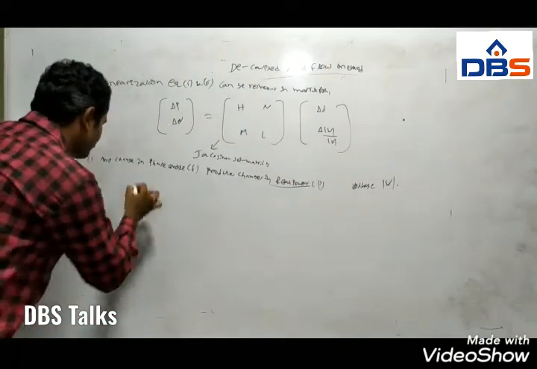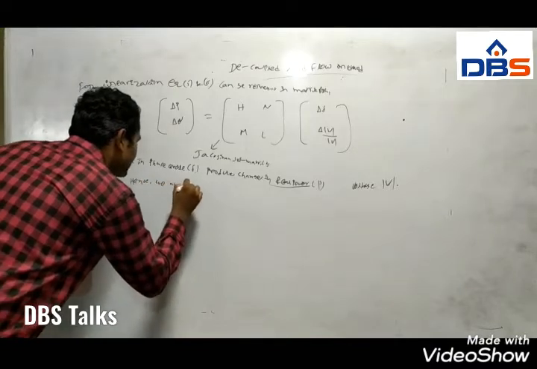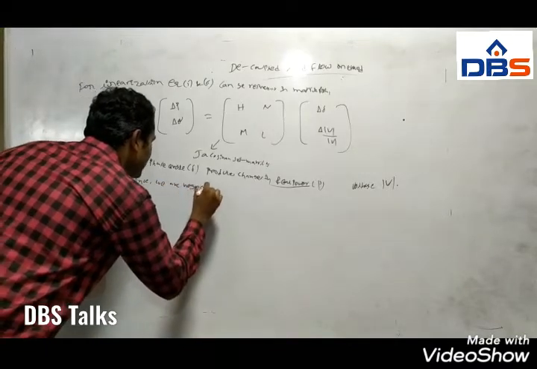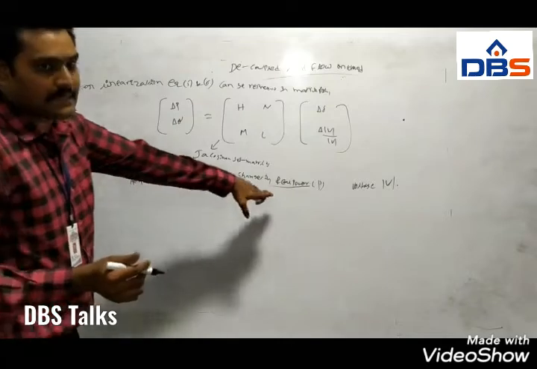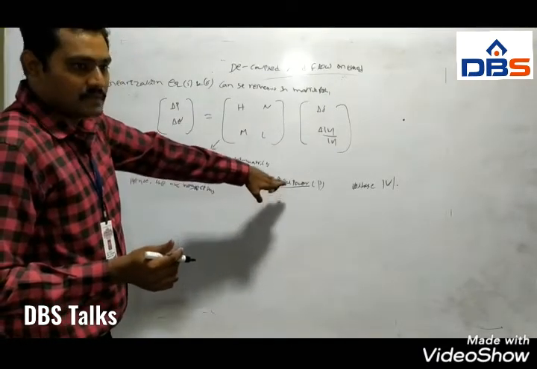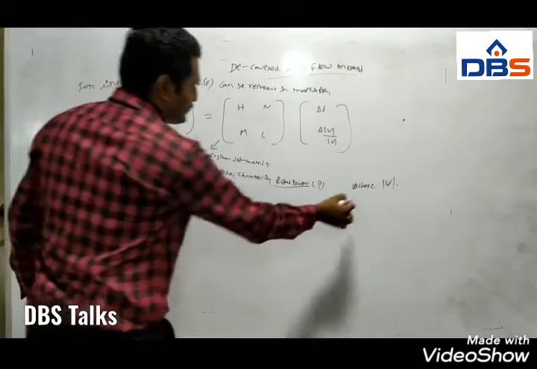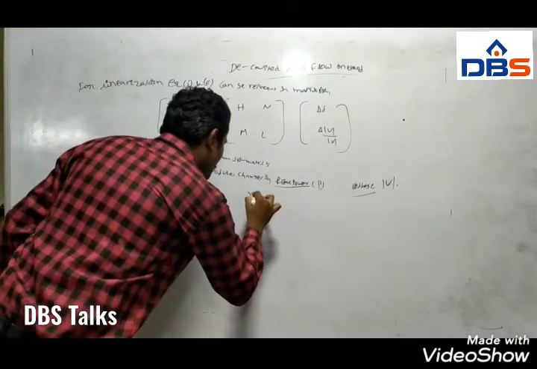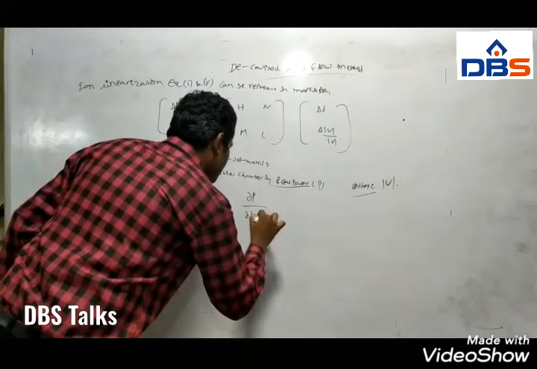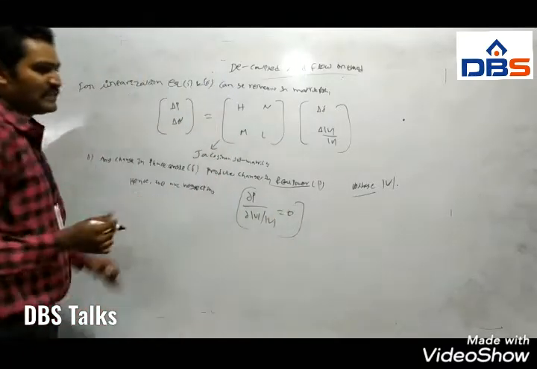Hence we are neglecting any changes in real power obtained with respect to changes in voltage magnitude. So that is ∂P/∂(|V|/|V|) is equal to 0. This is from the first assumption.